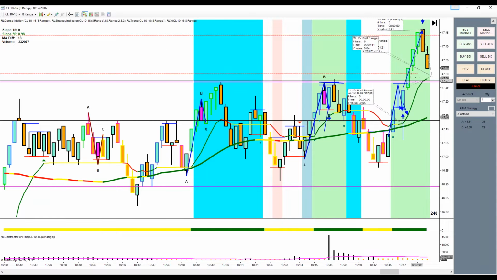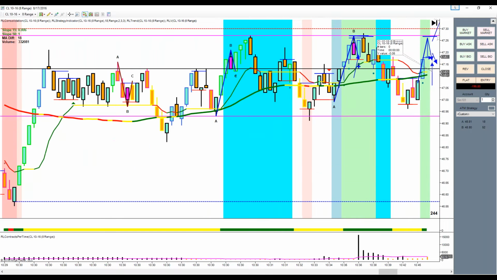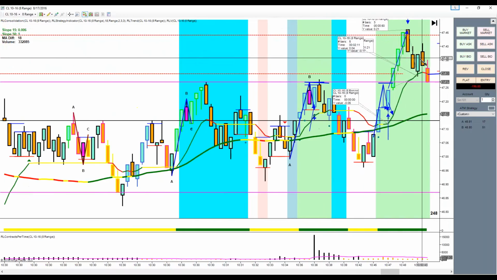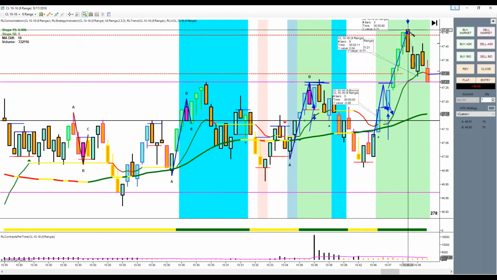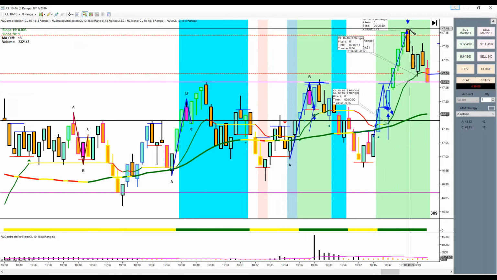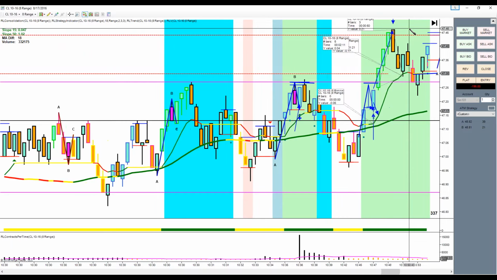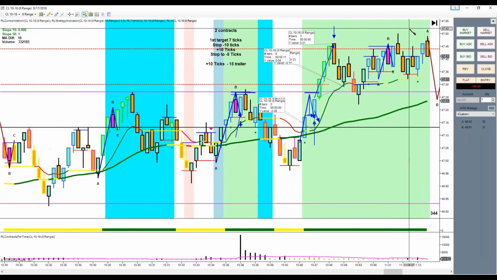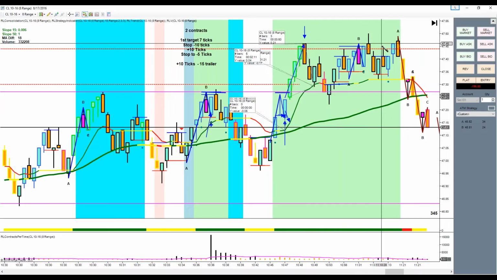And you don't have the value area high on the entry. It's way up here. So you're in the trade. And this is a nice trade. It went 21 ticks. You give back 15. You have 7 and 7. Have a $140 trade on 2 contracts. Very, very conservative.